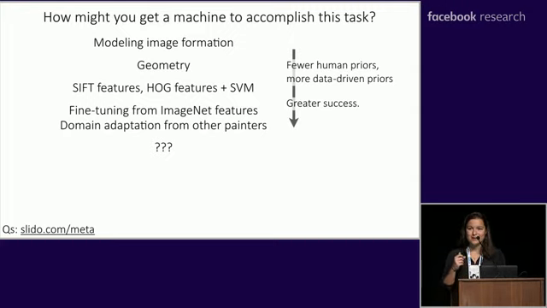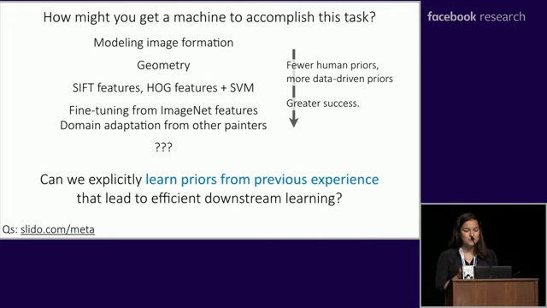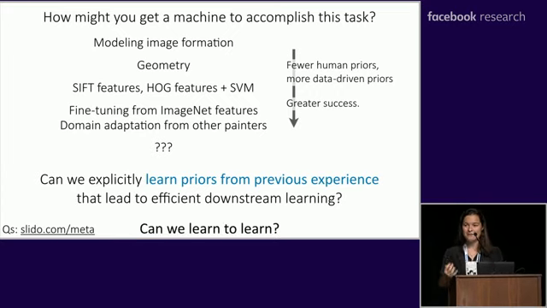And so in this tutorial, we want to try to take this one step further. In particular, we want to be able to learn priors explicitly from previous experience that lead to efficient downstream learning, an entirely data-driven approach to acquiring these priors. That is, can we have these systems learn how to learn to solve tasks? And this is what is known as metalearning.